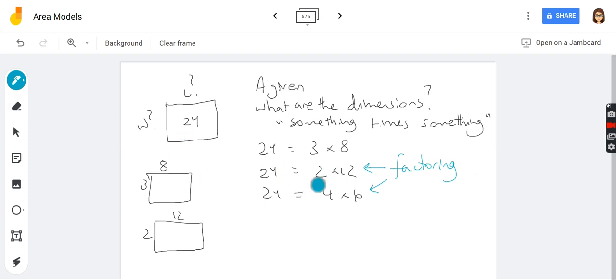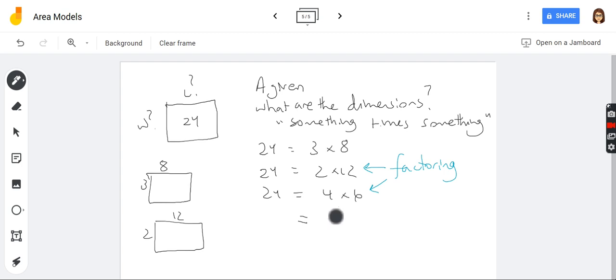Now, because there's lots of ways to factor it, it tells us that these methods of factoring it can be factored further. So if I have a 4 and a 6, I can see that I can actually go further and factor those numbers as well.